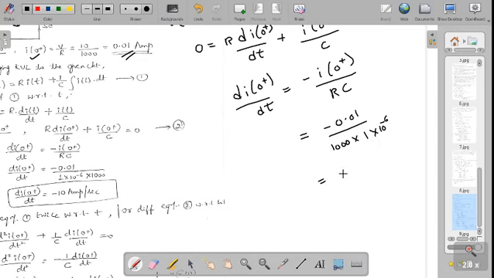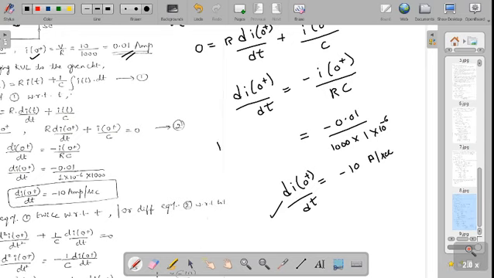So this turns out to be minus 10 amperes per second. This is your first derivative. So you found I of 0 plus, and the first derivative of that would be minus 10 ampere per second.